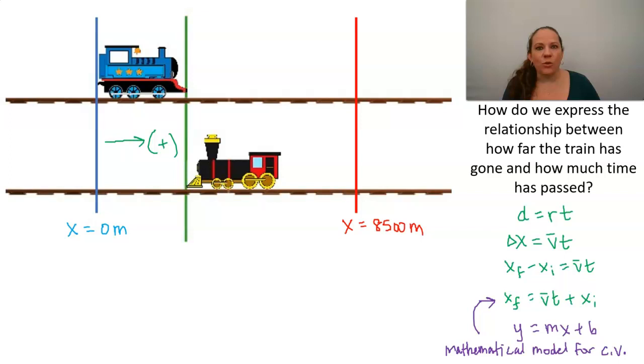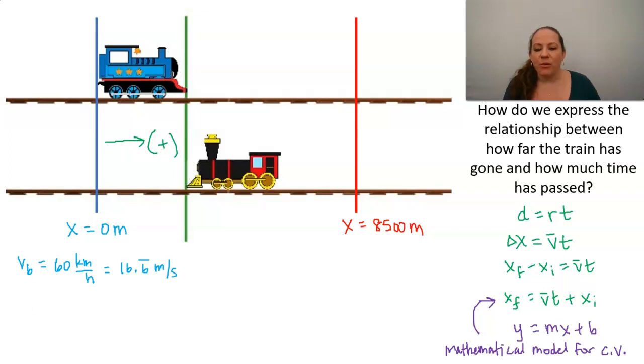So let's create the models for our two trains. We need to talk about those speeds really quickly. The velocity of the blue train was 60 kilometers per hour. You can do the conversion to meters per second yourself, but you'll get 16.6 repeating decimal meters per second.